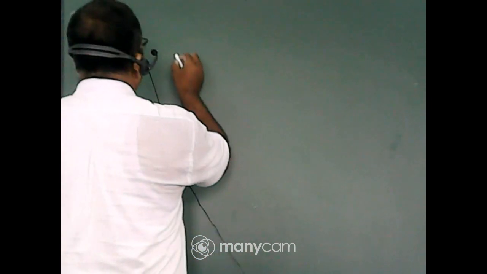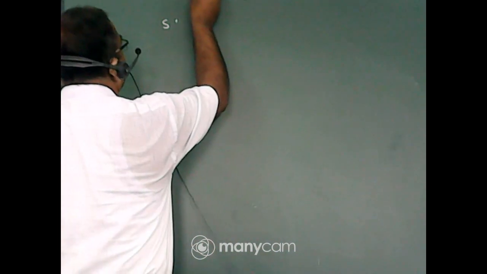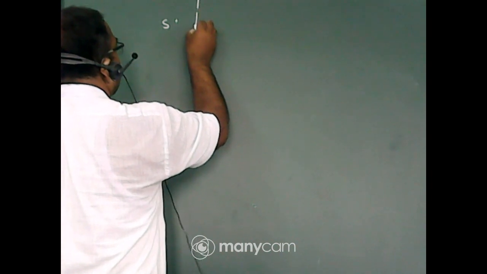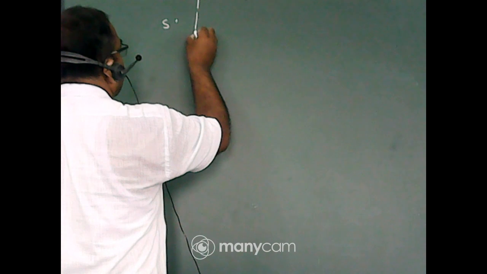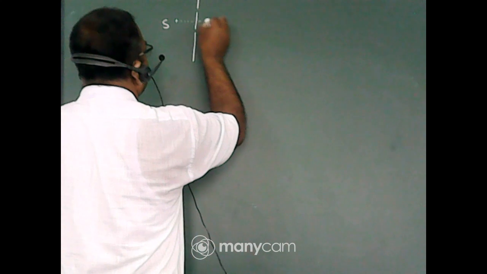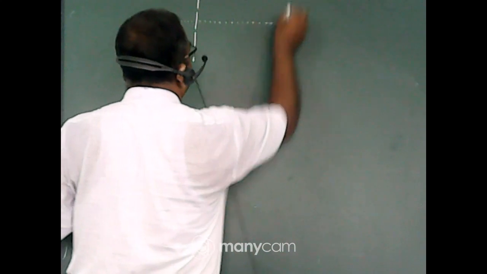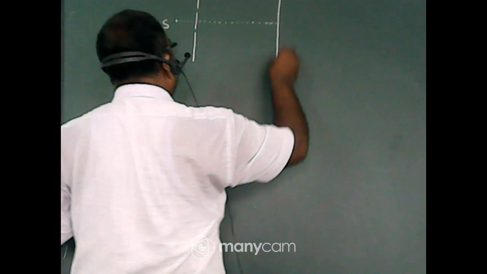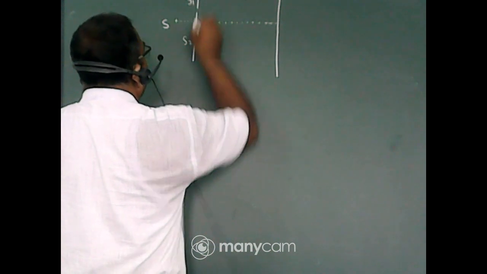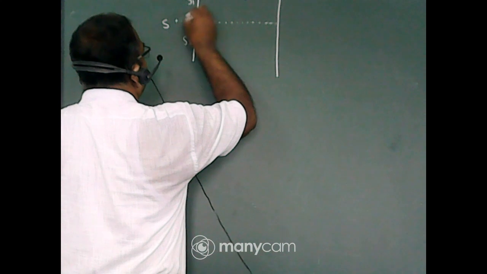Suppose this is the source of light. Double slit, two slits are there. This is the central line. It is the screen. The slits S1 and S2 are at the same distance from this.